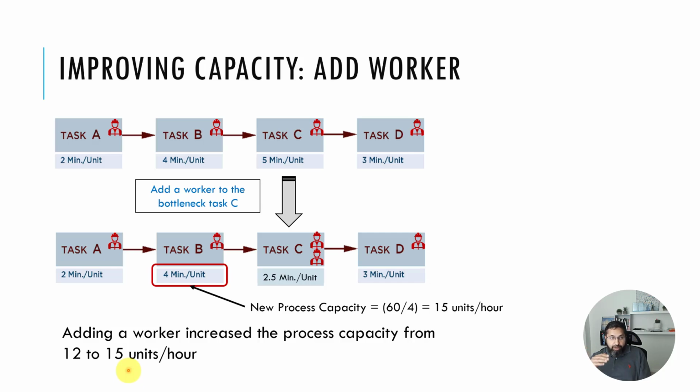Is producing another 3 units per hour worth it to pay an additional worker's wages? Do the 3 extra units you produce per hour give you enough profit to justify adding a worker to get that increase in capacity? You can make that sort of analysis and see if that is worthwhile doing or not.